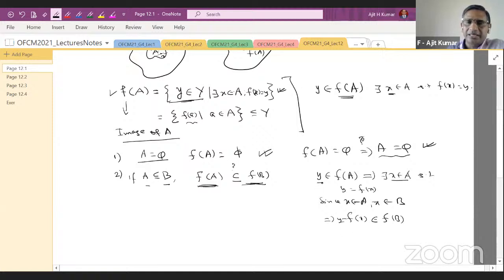Therefore, we have proved that if y is in f of A, then y lies in f of B. In particular, f of A is always a subset of f of B. Whatever may be the function f, this is always true. If A is a subset of B, f of A is a subset of f of B.